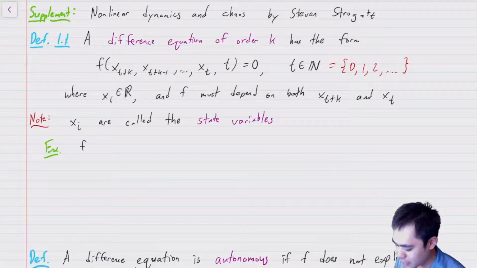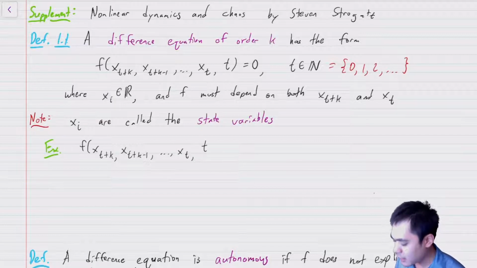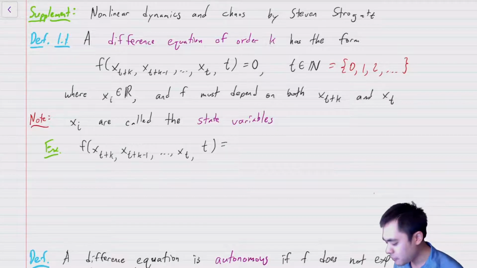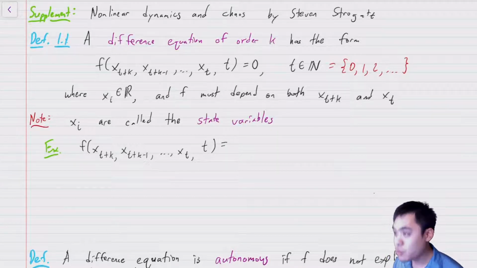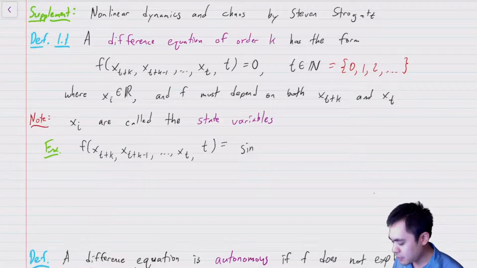Let's say we have f of x sub t plus k, x sub t plus k minus 1, and so on, all the way to x sub t, and t, of course. Let's call this function f, and say that it is equal to sine of x sub t plus k, x sub t plus k, plus t times x sub t plus k minus 1 times x sub t.